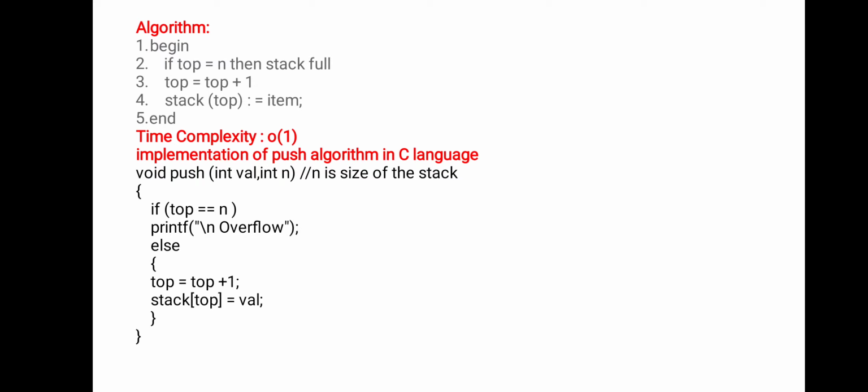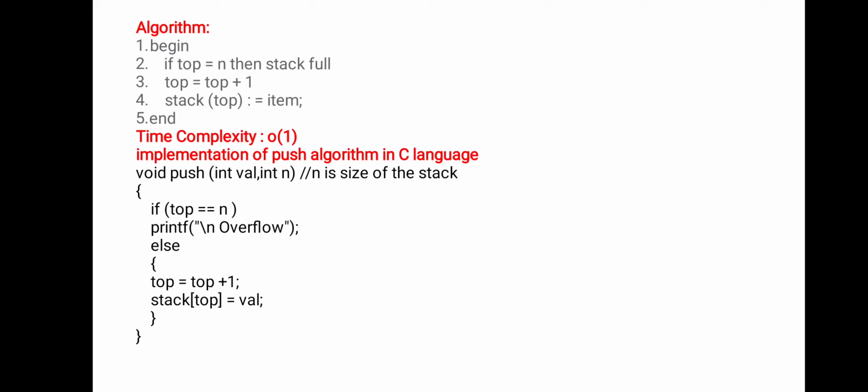And else, if top is not equal to n, that means the stack contains empty places, and there is a chance to insert a new element. At that time, you have to increment the top value by 1. Suppose top is equal to 6.